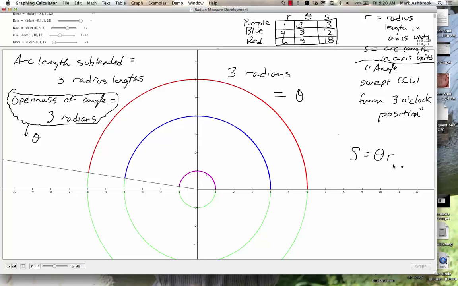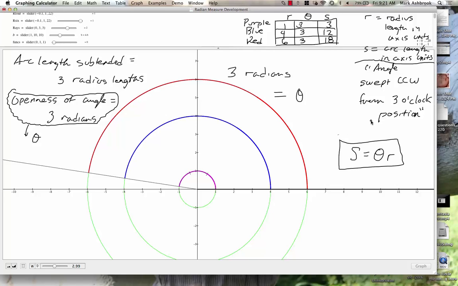R is how many axis units long the radius is, and S is how many axis units long the arc is. So why does it make sense that it would be theta times R equals S? This is something more than just to memorize, but it should make perfect sense why that's true. Who could say why that's true? Adam.